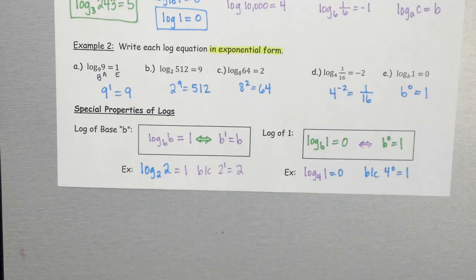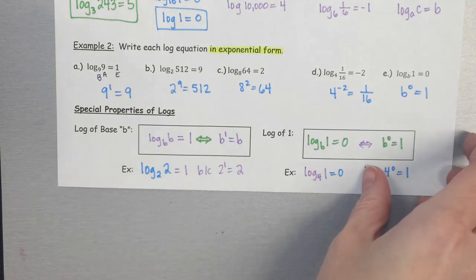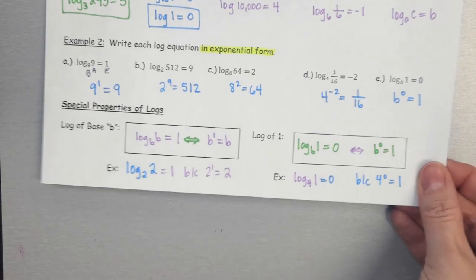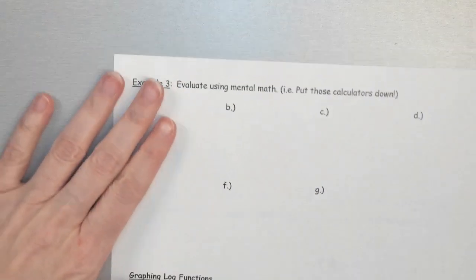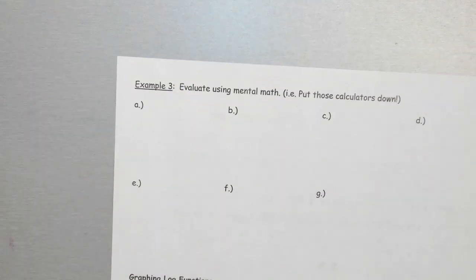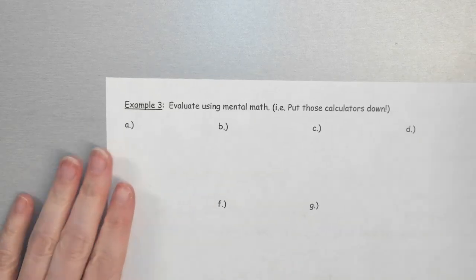Okay, so now we're going to take all of this knowledge and we're going to use this to help us evaluate. So the directions will say evaluate using mental math, so without your calculator. And so your work for this section is going to be to write out your exponential form, just like we did on our practice sheet today.